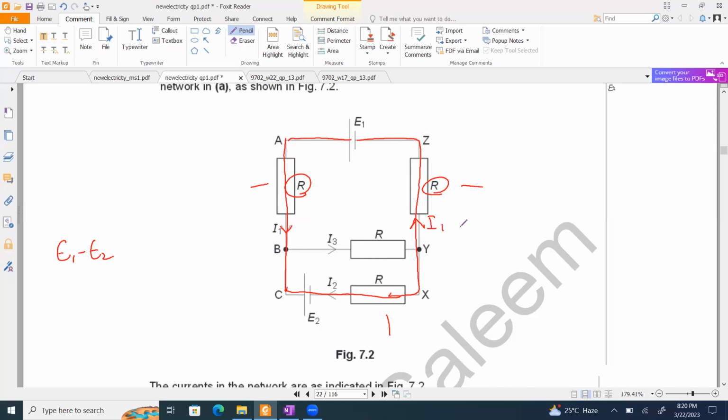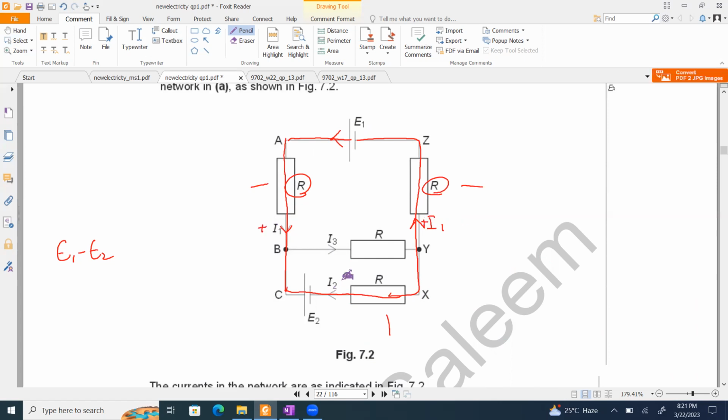Tell me, is I1 opposing the EMF E1 or supporting the EMF E1? I1 is supporting E1. You mean to say the direction of current due to E1 is the same as I1. So yes, I'm taking I1 positive.